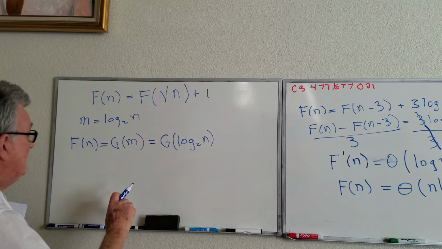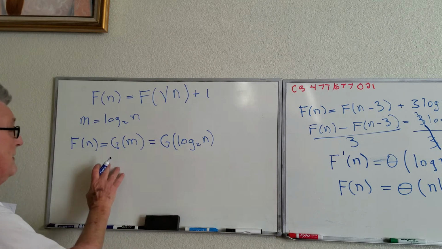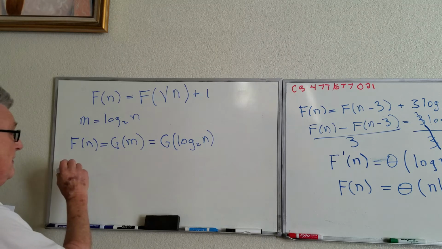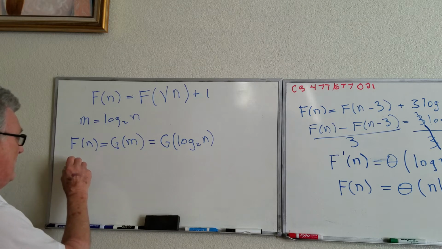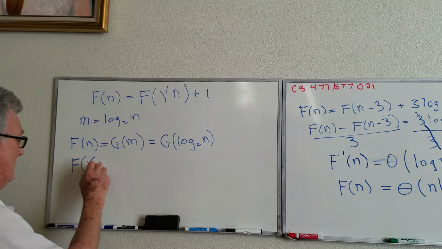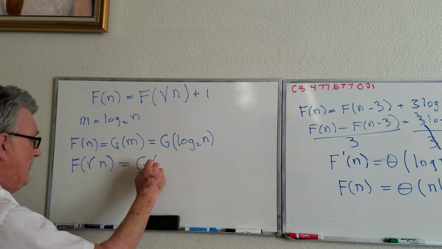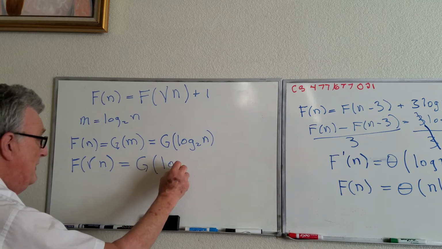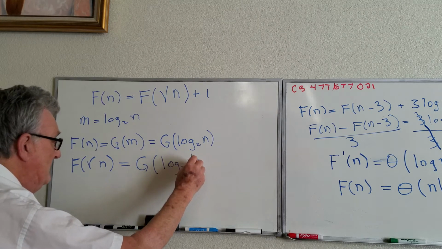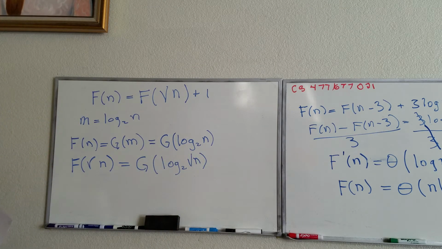All right, so now the next question is, what is f of the square root of n? Well, that's going to be g of the base 2 logarithm of the square root of n. But the square root of n is n to the power of 1/2.